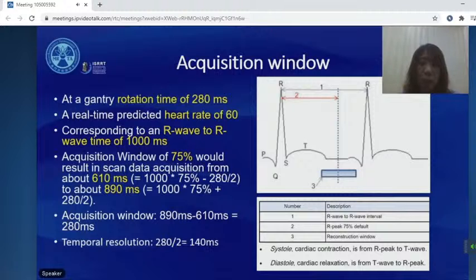So the R wave to the next R wave is 1,000 milliseconds. The acquisition window is 1,000 milliseconds multiplied by 75% minus 140 milliseconds, to 1,000 milliseconds multiplied by 75% plus 140 milliseconds. Thus, the acquisition window is from 610 to 890 milliseconds.